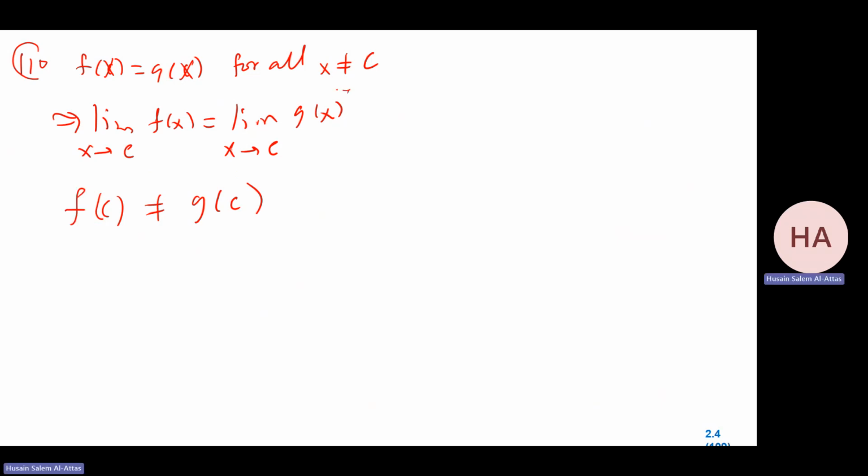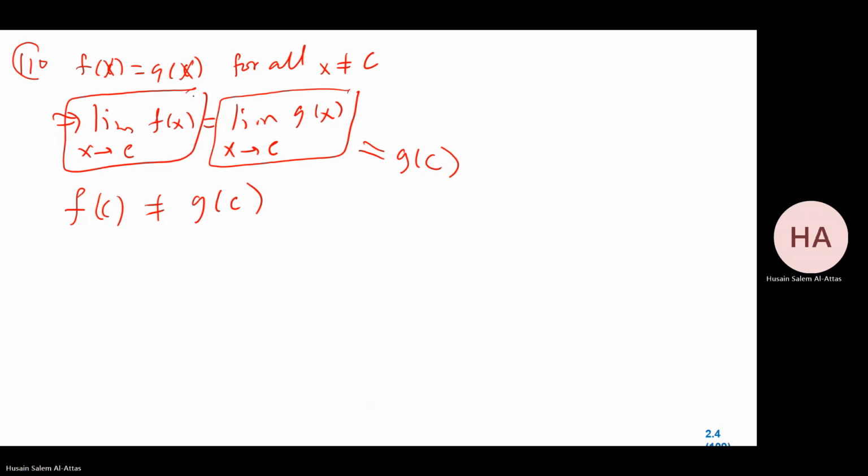So if this is continuous, it should equal g of c. If this is continuous, it should equal f of c. But I say f of c is not equal to g of c. It means one of them should not be equal: f of c not equal to g of c, or g not equal to g of c. So one of them should be not continuous, at least.